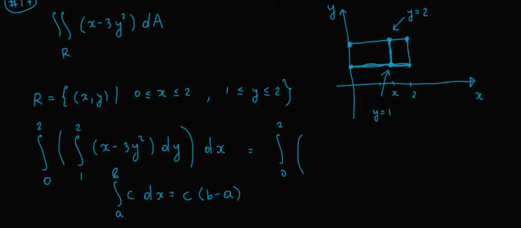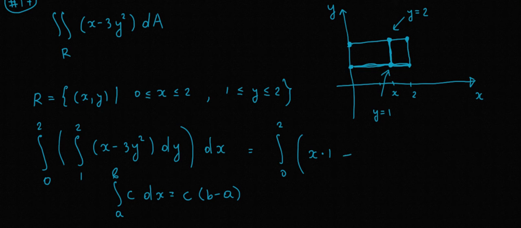But the reason I'm mentioning this here is because when we integrate x on the interval from 1 to 2, the length of the interval of integration is 1, and we're integrating over y, so x is treated as a constant. We get x times 1 as the value of that integral from 1 to 2 of x dy.